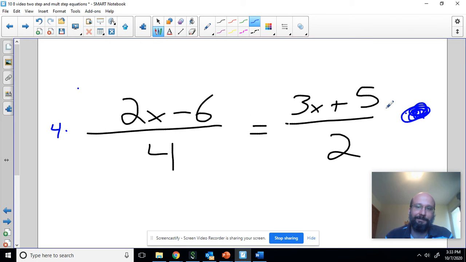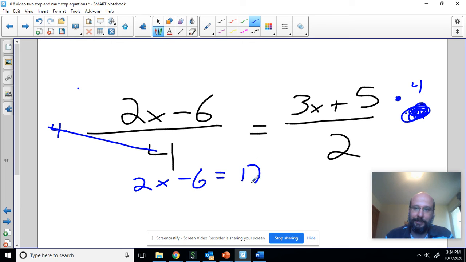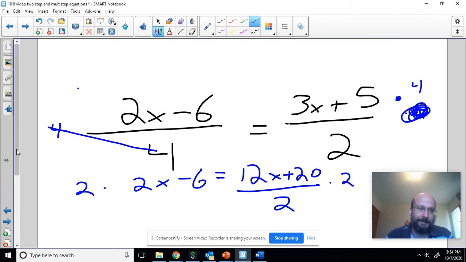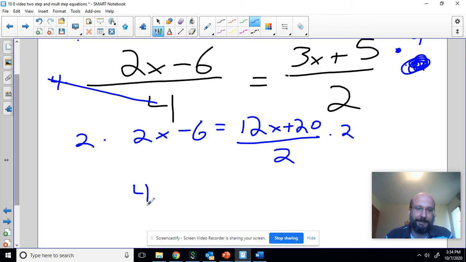So if we multiply by 4 on both sides, this would cancel, and we get 2x minus 6 equals 12x plus 20 over 2. And then multiply by 2, and we would get 4x minus 12 equals 12x plus 20.